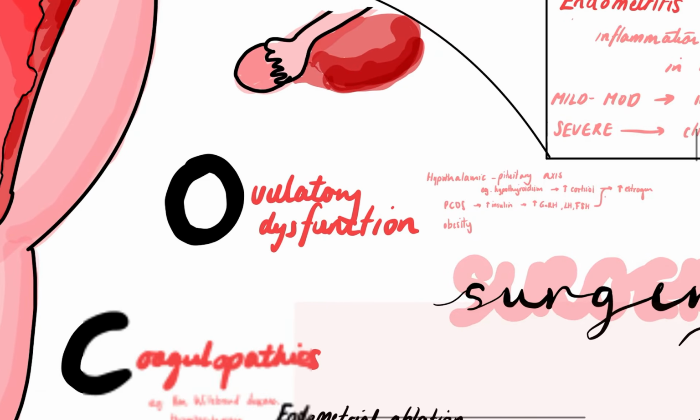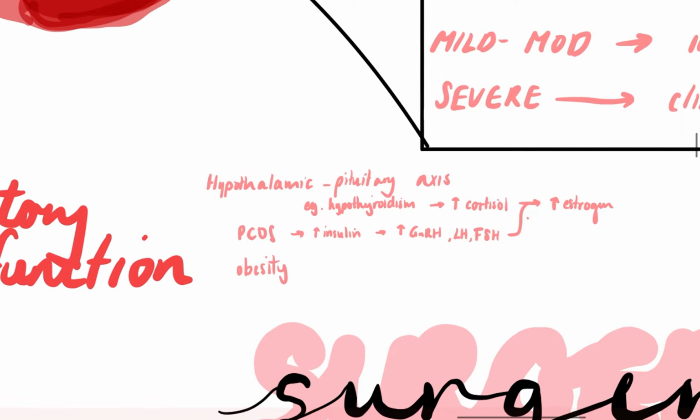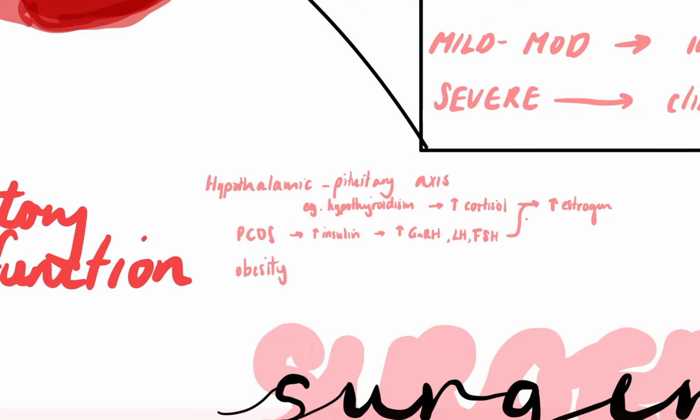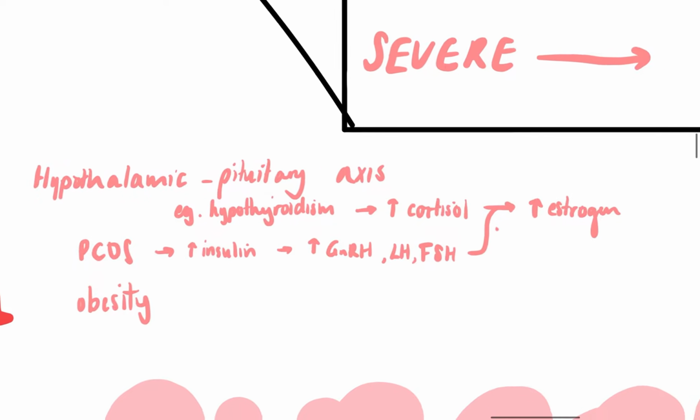So then we move on to O, which stands for ovulatory dysfunction. An example of this would be hypothyroidism, which can lead to an increased production of cortisol and therefore an increased production of estrogen.